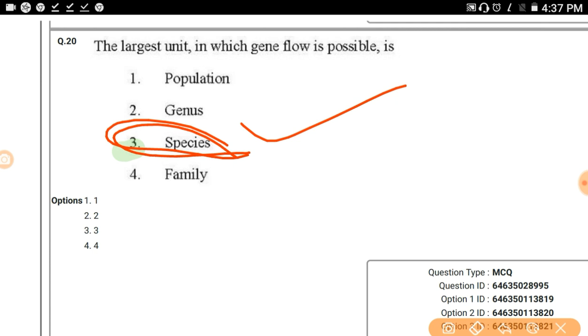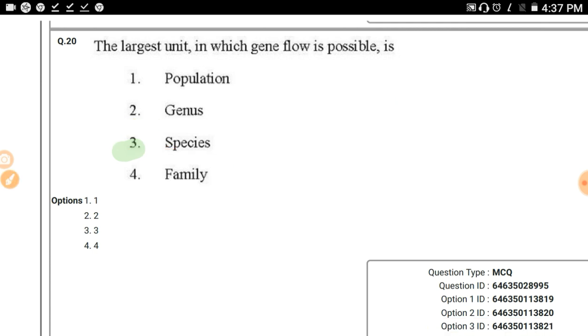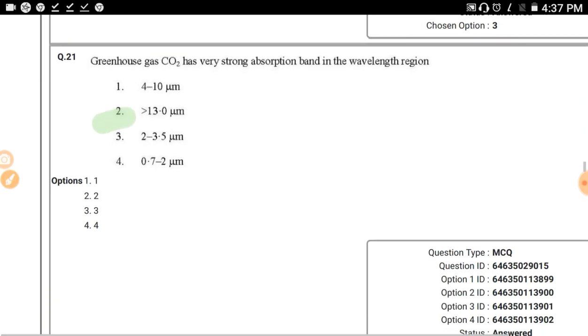Okay, so the right answer is 3. Next, greenhouse gas carbon dioxide has a very strong absorption band in the wavelength region from what? It should be less than 13 micrometer.